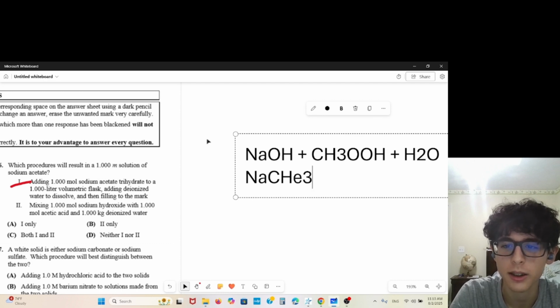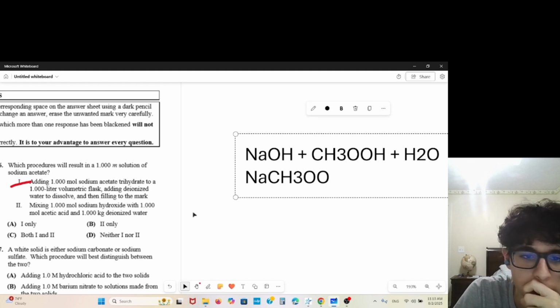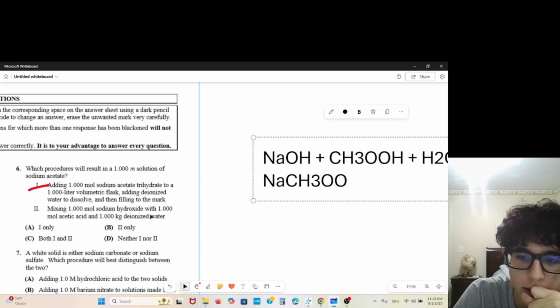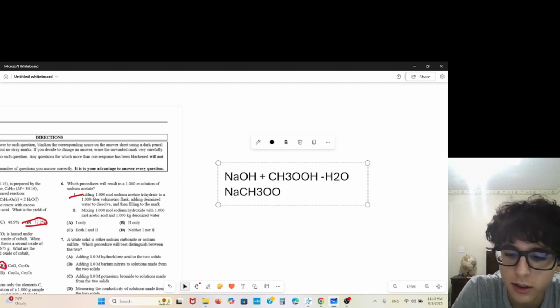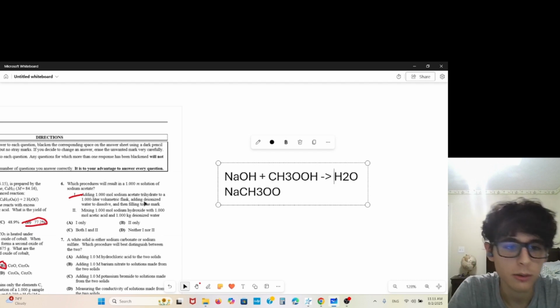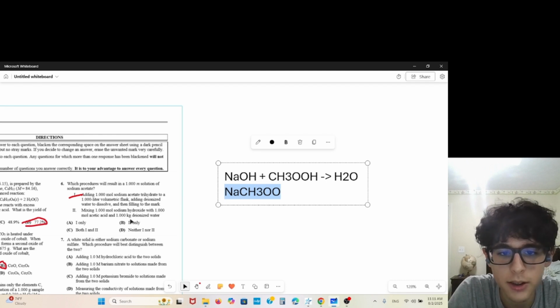Yeah, I think this is right. Okay. So right, what happens here? Basically, you might think, right, that whoa, it should be 1 mole of this and 1 mole of this. Stoichiometrically, 1 mole of this, and you have 1 kilogram deionized water.